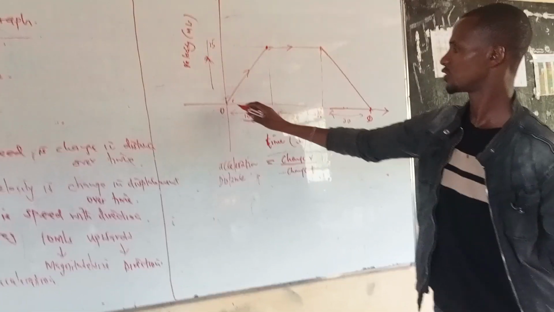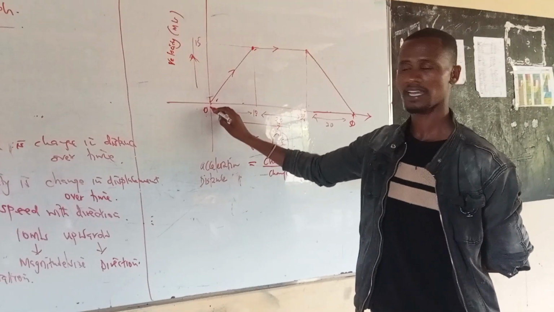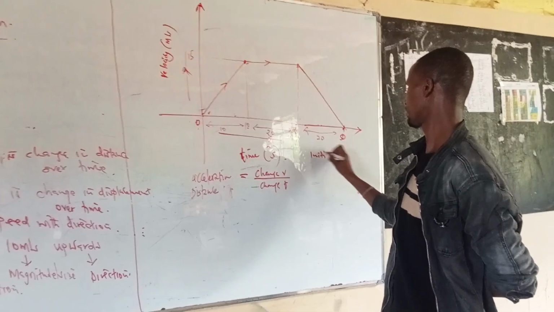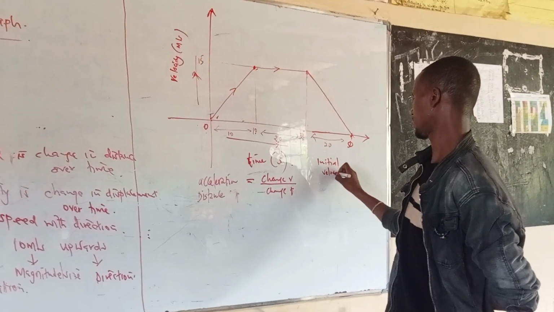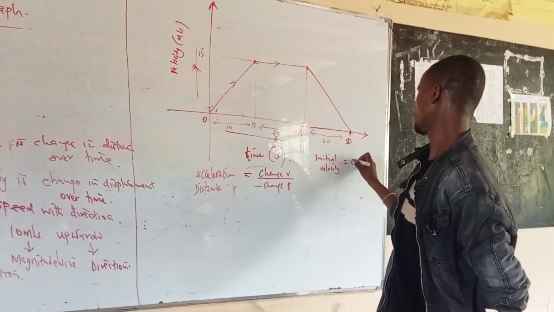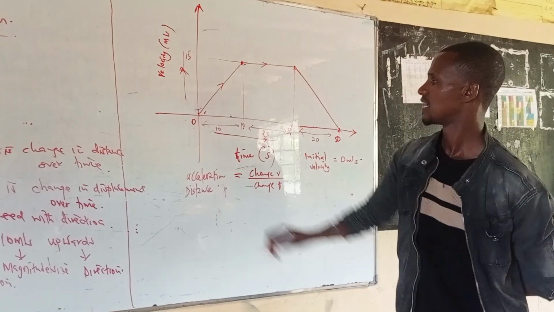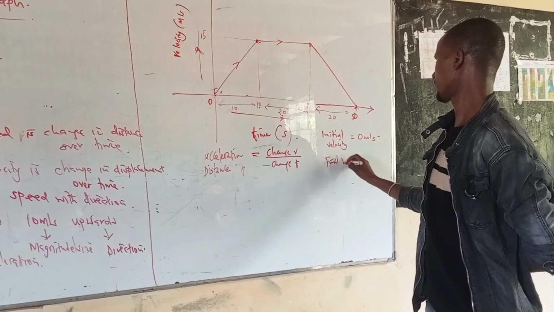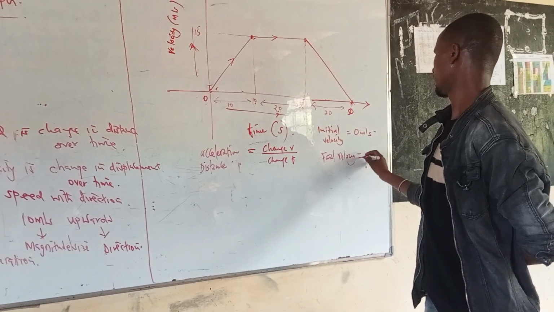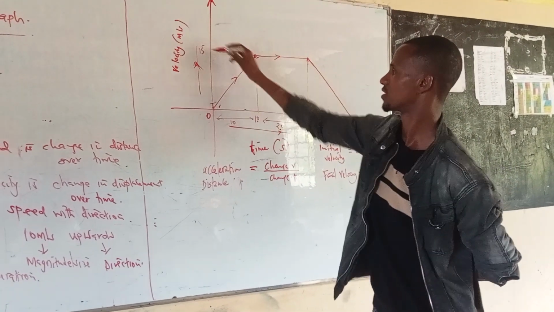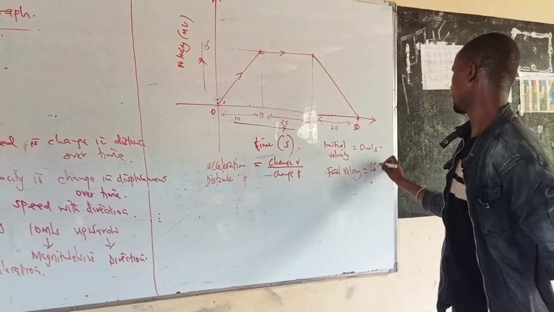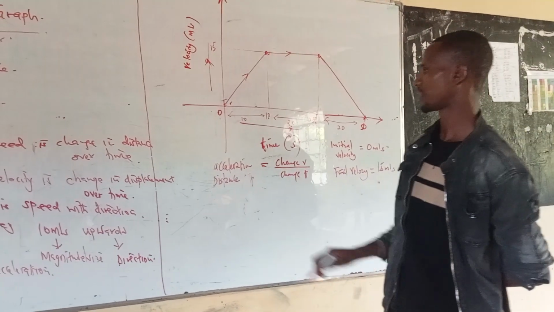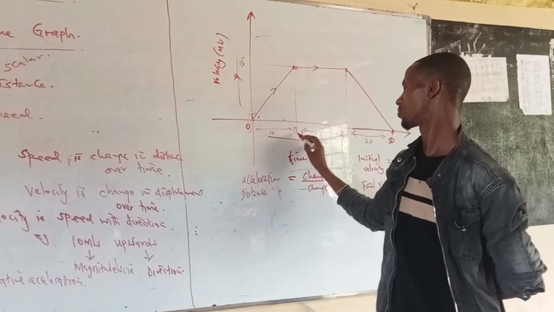For example, our initial velocity here, the starting velocity, is 0 meters per second, and then the final velocity is this mark here, which is 15 meters per second. And what is the change in time? From 0 to 10 seconds.